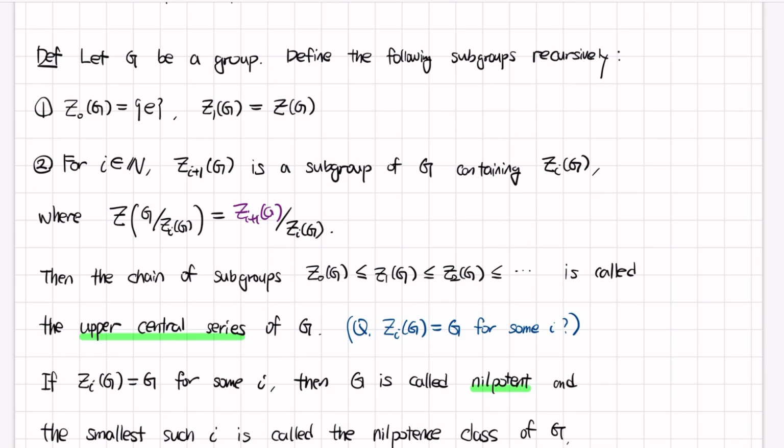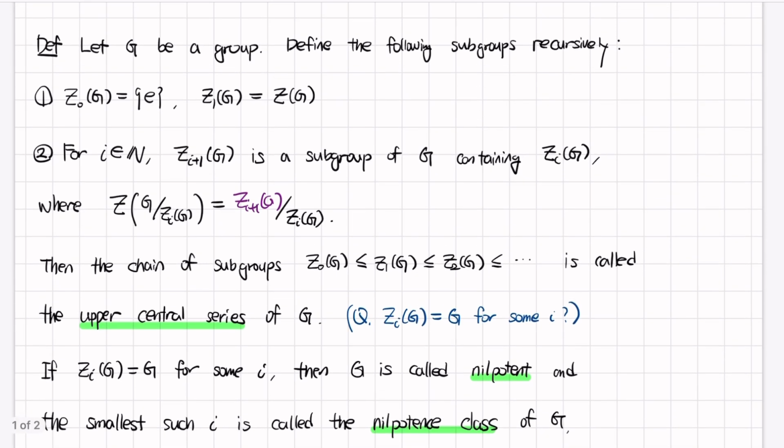And you can see that if Zi of G is equal to G, then Zi plus 1 of G, since this contains Zi of G, which is the whole group, is also going to be equal to G. So the smallest such i will be called the nilpotent class of G. So this is the definition of the nilpotent group.